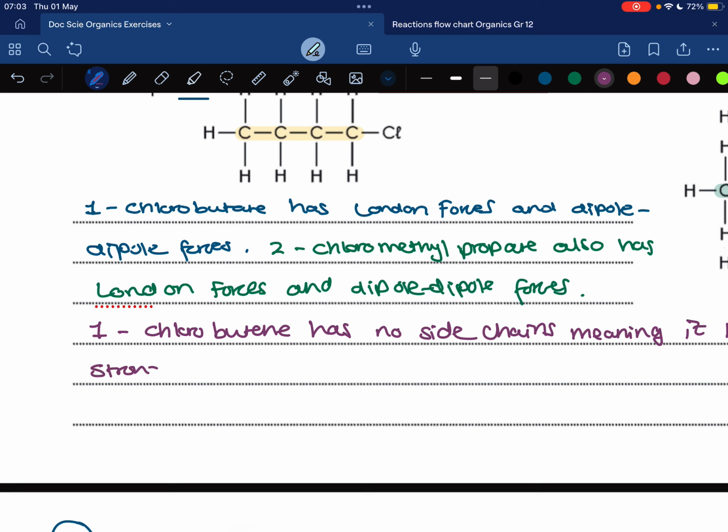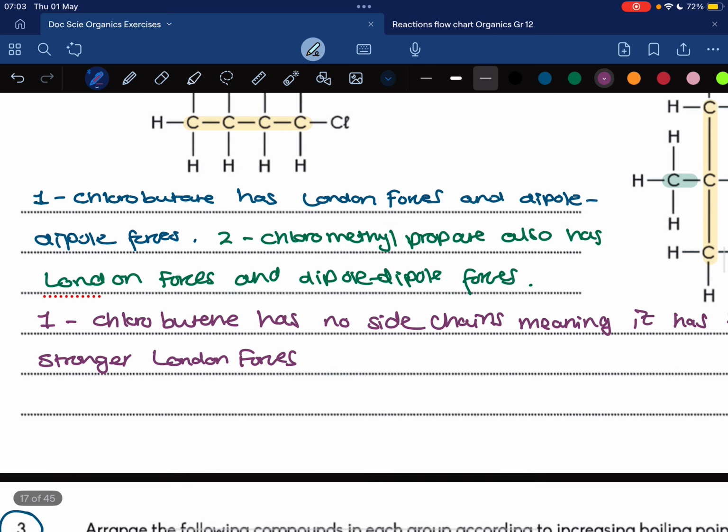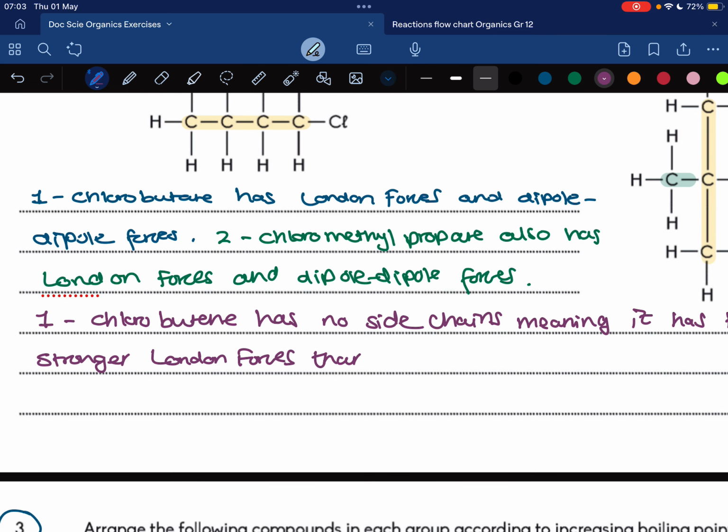Remember we said that as you add side chains, you're going to decrease the strength of IMF. So the one that has the least number of side chains will have stronger London forces than 2-chloromethylpropane.